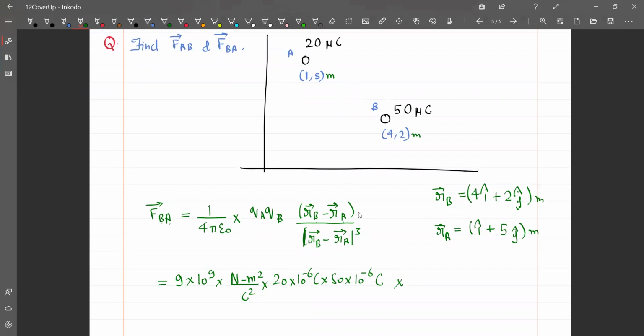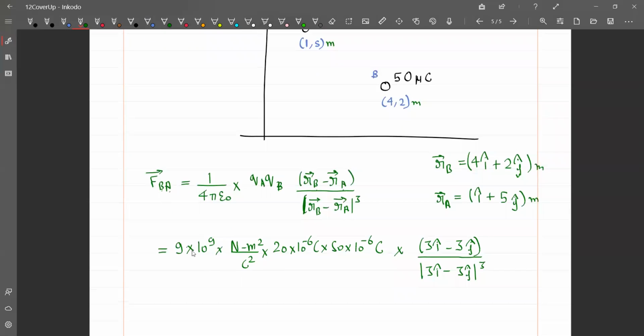And RB minus RA will be 3 i cap minus 3 j cap, divided by mod of 3 i cap minus 3 j cap whole cube. This is meter cube, so meter square will cancel out, and coulomb square will cancel out.